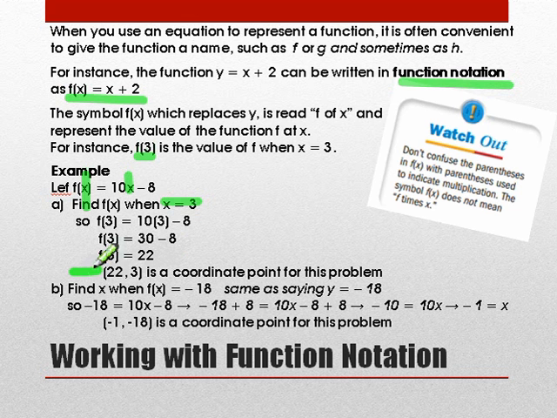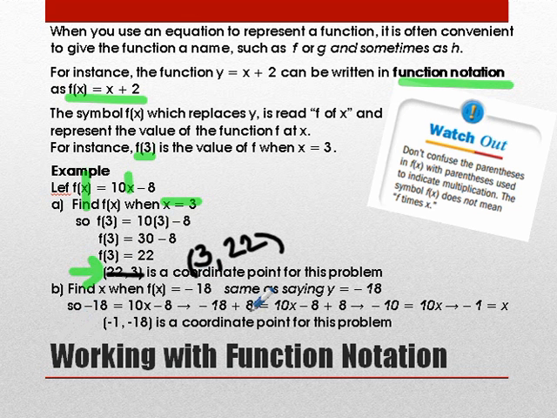This is my coordinate point. I totally wrote that backwards, so let me fix that. See, we all make mistakes. X is 3 and y is 22. That is my coordinate point. I made a common mistake right there.